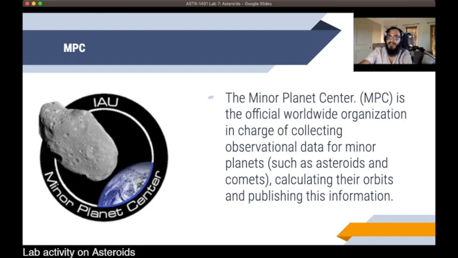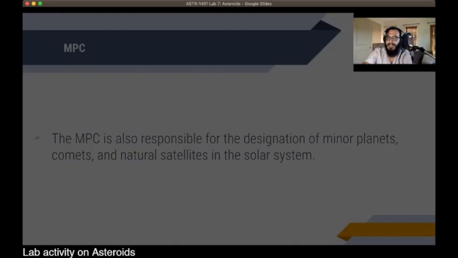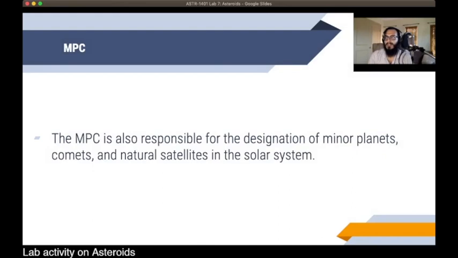Why? It's a matter of security. It's in the best interest of humanity to keep track of the asteroids, especially if we're talking about potentially hazardous objects. The MPC is also responsible for the designation of minor planets, comets, and natural satellites in the solar system.